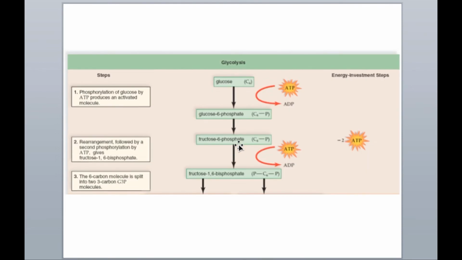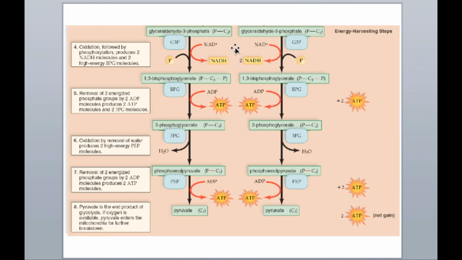So right past the rate-limiting enzyme step, this fructose 1,6-bisphosphate ends up splitting into 2. From then on, we're going to end up with 2 separate compounds on each side.